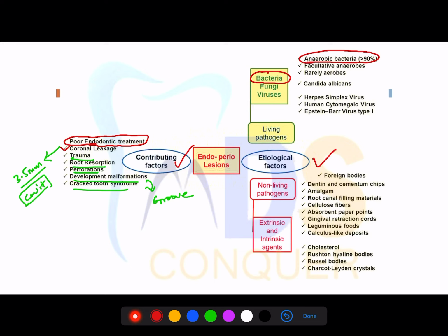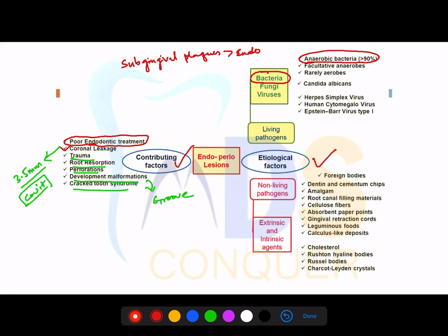And similarly, make a note that spirochetes are associated with both endo and perio lesions. When you compare the number of spirochetes, they will be more in subgingival plaque when compared with the endodontic origin.